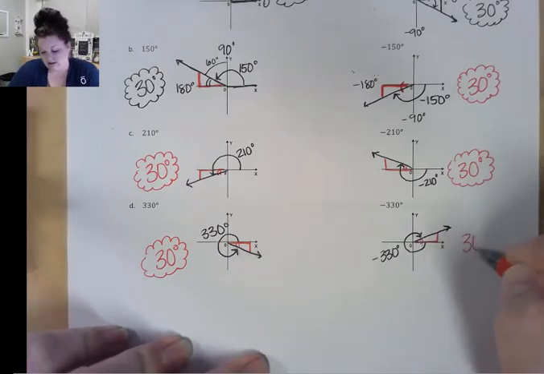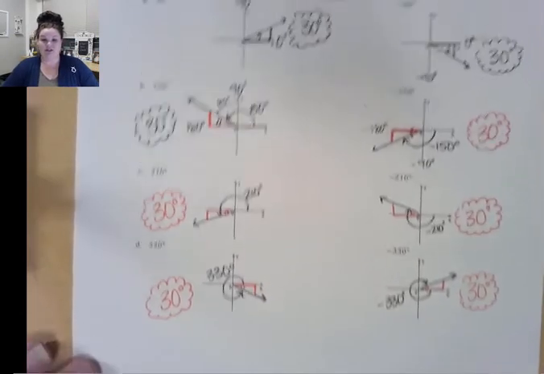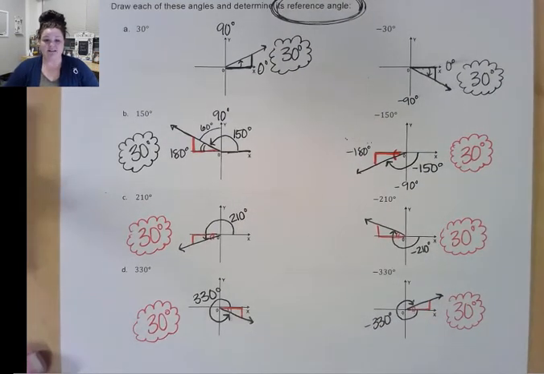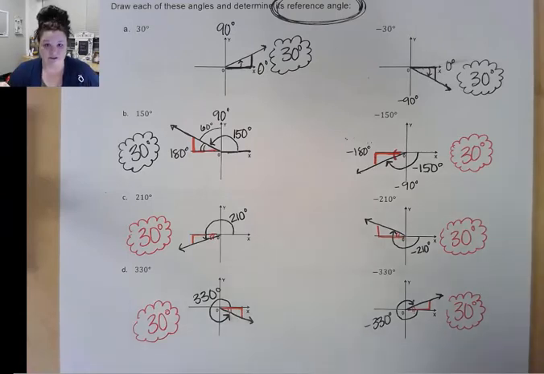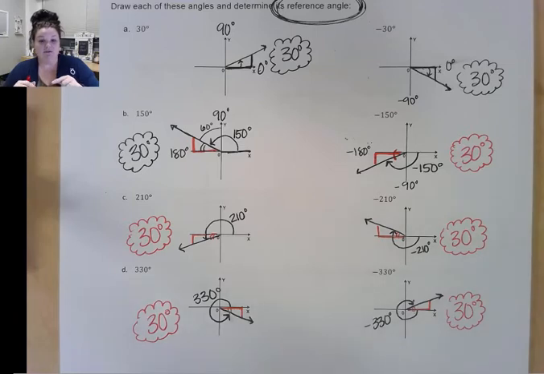So again, this is a 30-degree reference angle. So notice what this is showing me is I have all these different angles that all end up with the same reference triangle, okay? And so now that I know what that reference angle is, I should be able to find all the trig function values based off of that reference angle, okay?